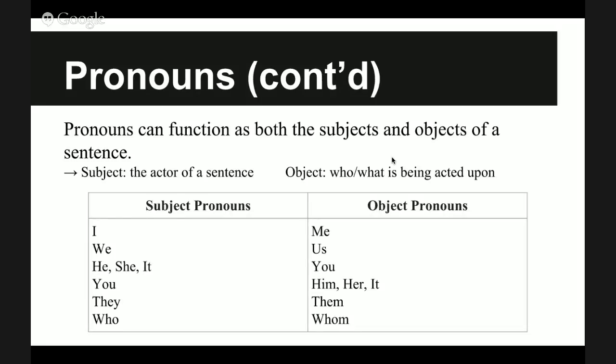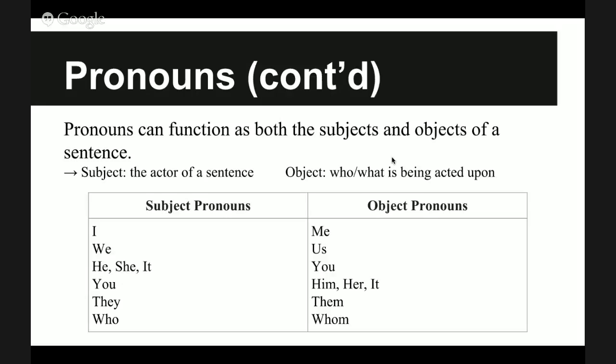So taking a look at this chart, we have a chart with two columns, and on the left-hand side, we have subject pronouns. So pronouns that can function as the agent or the actor of a sentence. We have the first person subject pronoun, I, referring to myself. We have we, a collective pronoun.